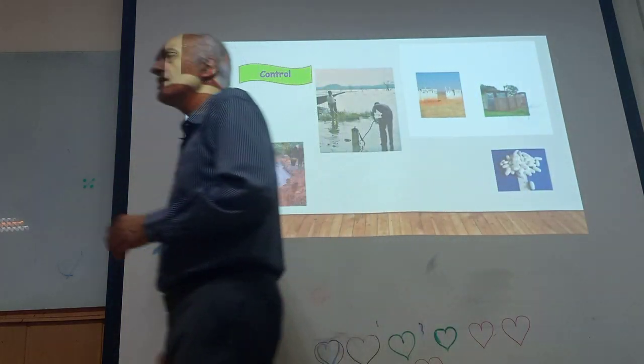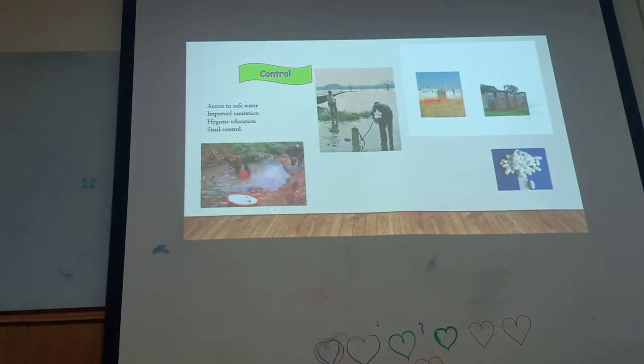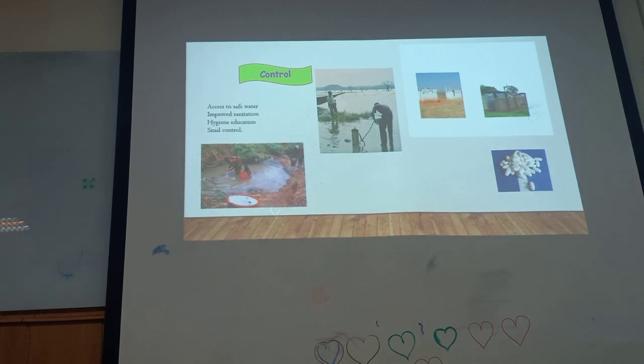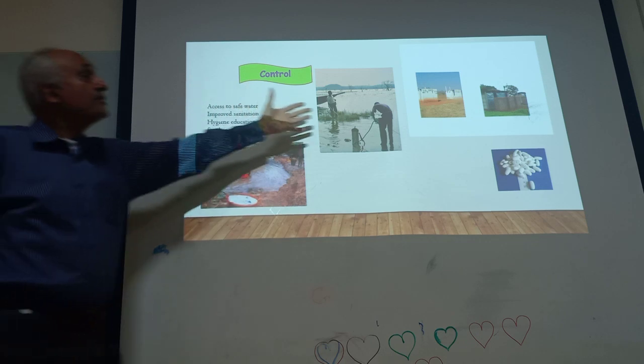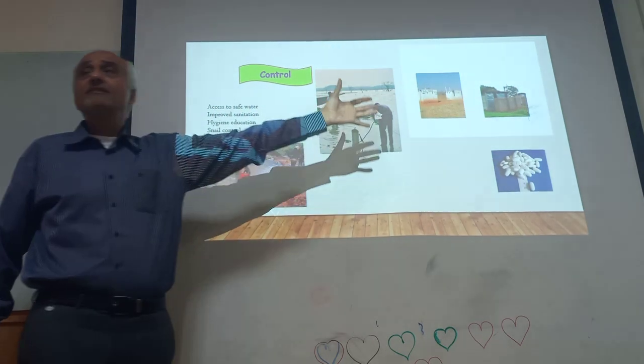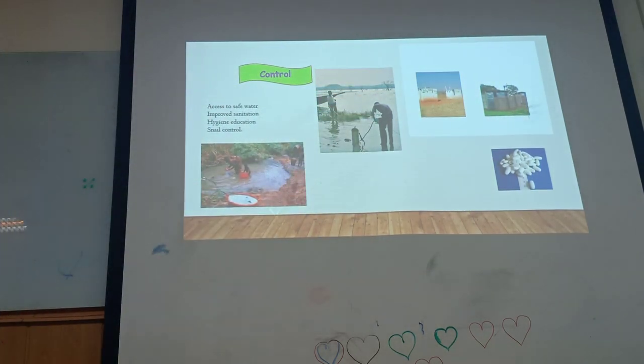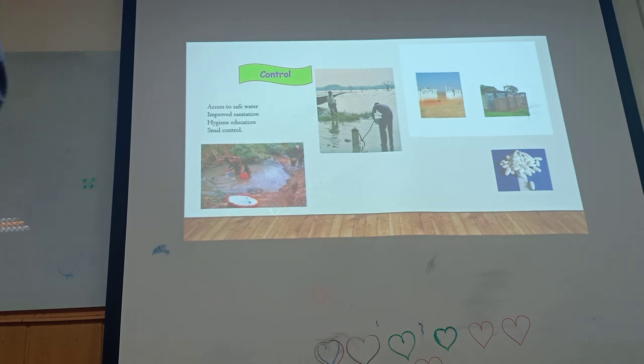Control measures: again, I would invite you to look at the picture of the life cycle. You have to control the snails in the water by controlling the aggregation of the snails and transferring the snails somewhere else. Okay, this is very important.